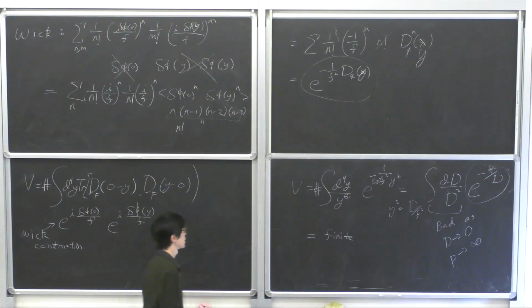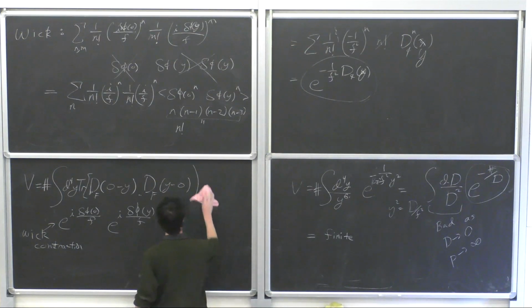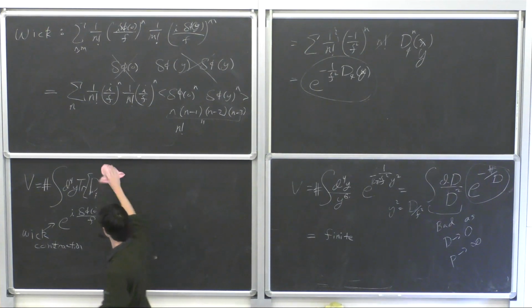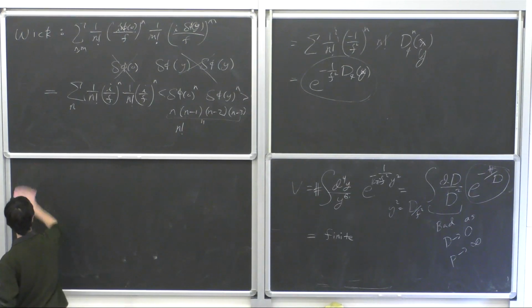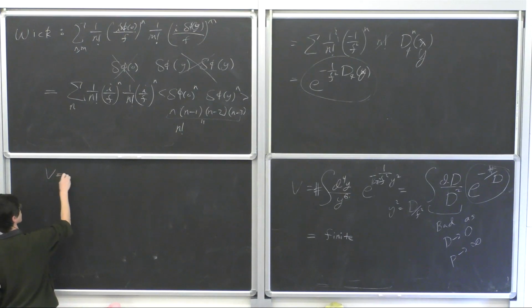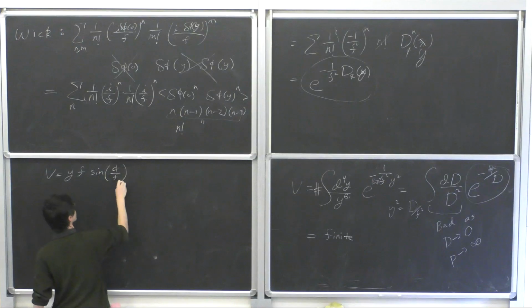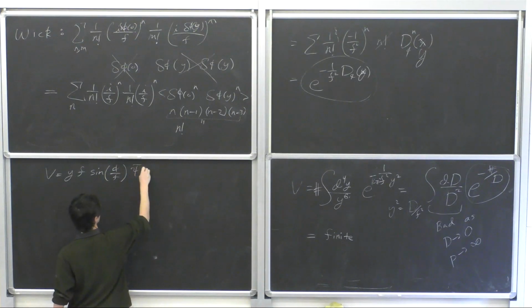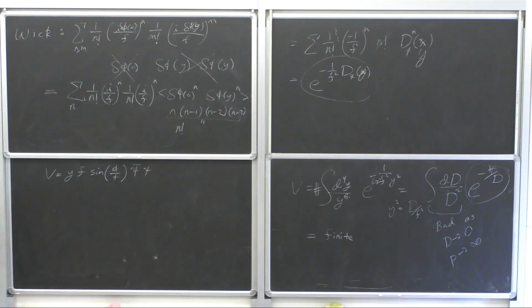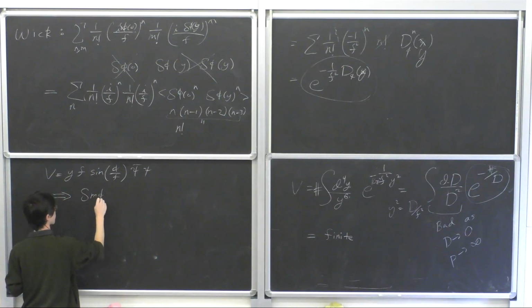So what does that mean? This also tells us why the scale f is important, right? We had said dimensional analysis. We took a theory with sine. Let's just write f sine phi over f times psi bar psi. We calculated a correction, delta m phi.